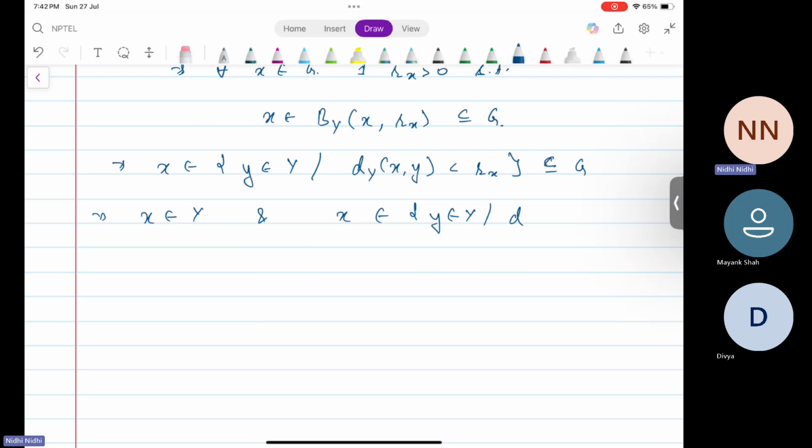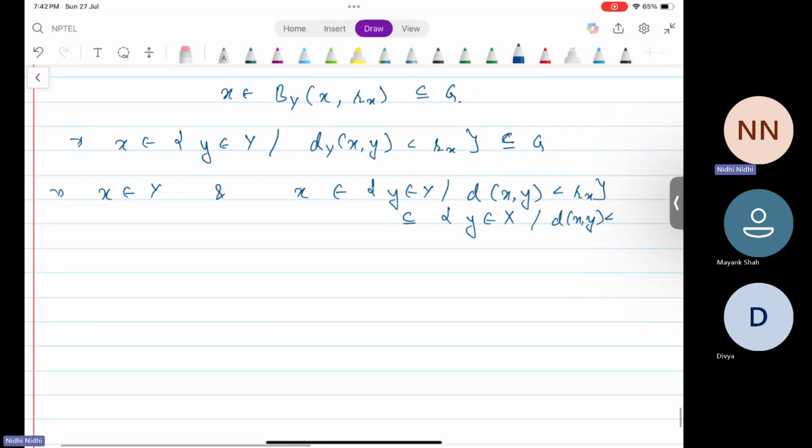By definition, d_Y is equal to d, that was the metric on X. So this is a subset of all those y in X such that d(x,y) is strictly less than r_x. So this is an open ball in X around x with radius r_x.